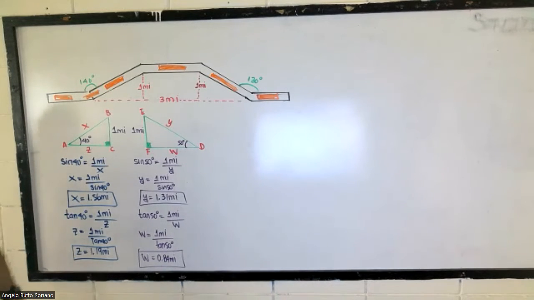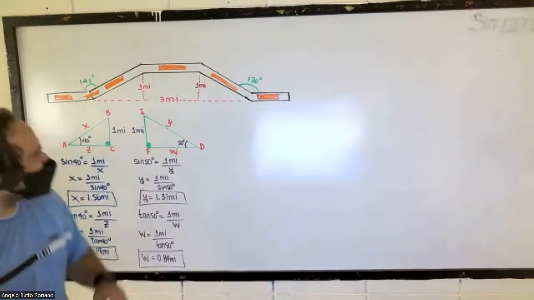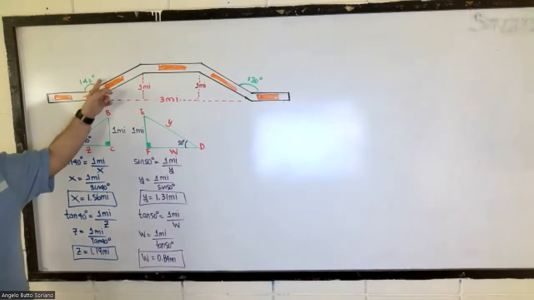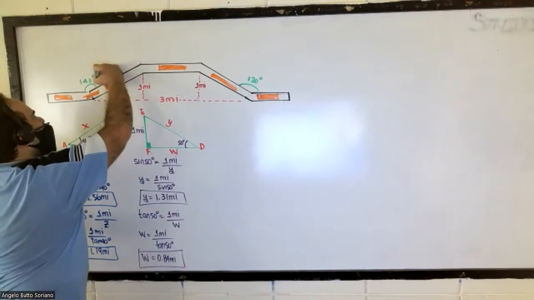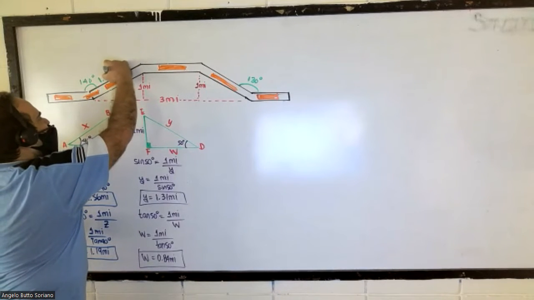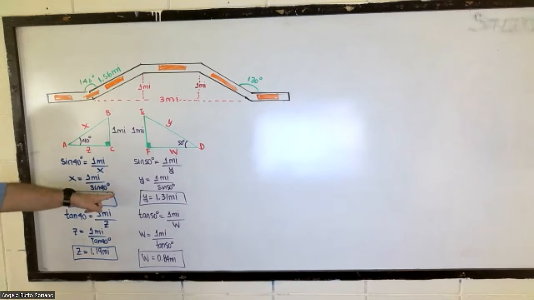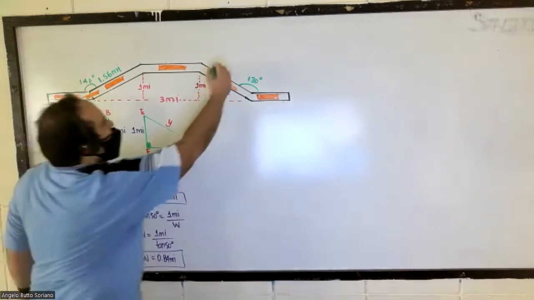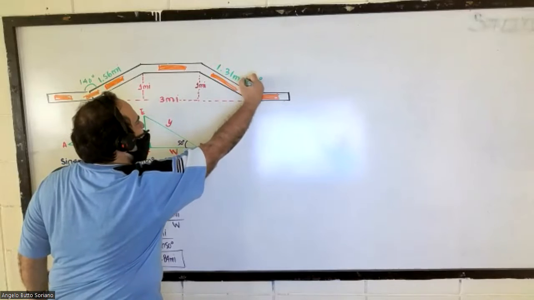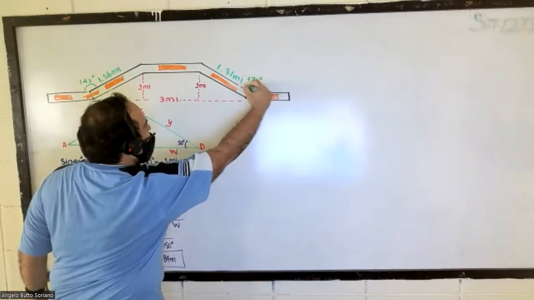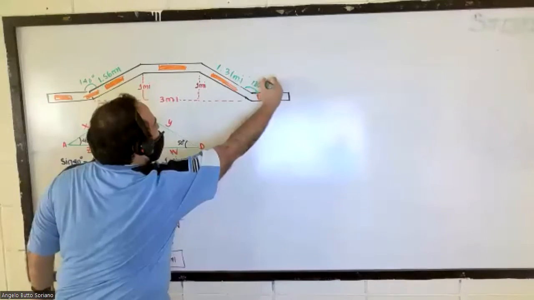Why is it so important to remark this information? Because the distance between this point and this point is the x distance. That will be 1.56 miles. The other one, the y-axis, will be 1.31 miles. That will be the second distance between them.